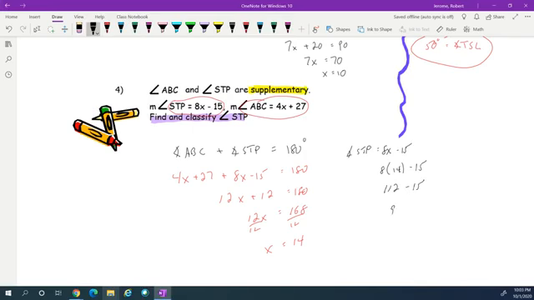And we get 97 degrees. So we found angle STP is 97 degrees. We were also asked to classify it. Classifying means what kind of angle is it? Well, it's an obtuse angle. It's greater than 90, less than 180. So we get an obtuse angle. So this is all about vocabulary that we have to have pretty solid. All right, let's do some more practice.